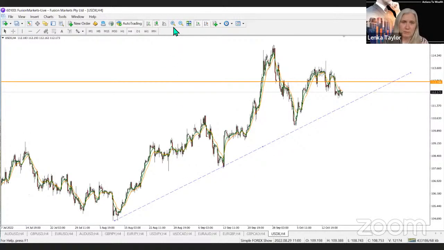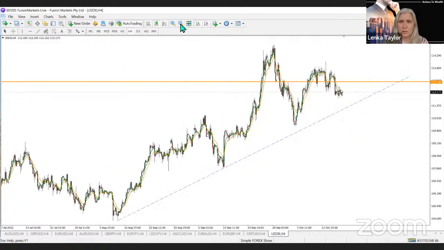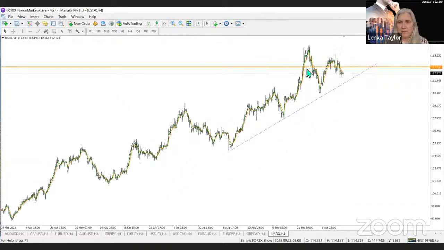So let's see what that looks like on the 4-hourly. There we go. So what I would be looking at is, it looks like it's pretty much a lower high, or it's still in the uptrend though.